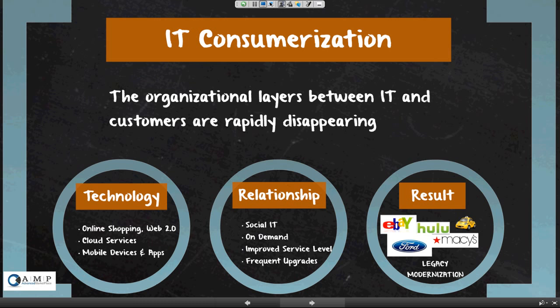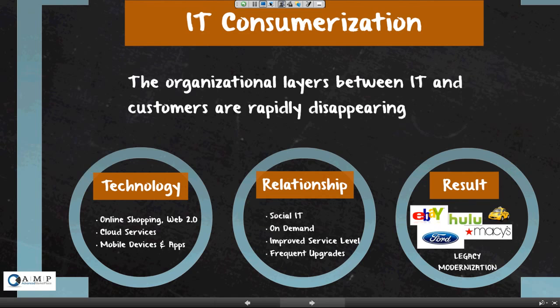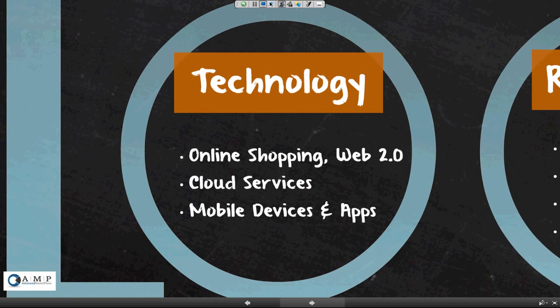And so why is that? Well, if you look at the things that have happened from a technology perspective, right, obviously the explosion and pervasiveness of the web and Web 2.0 and the comfort of the end user and the consumer with online shopping, cloud services have come into play.